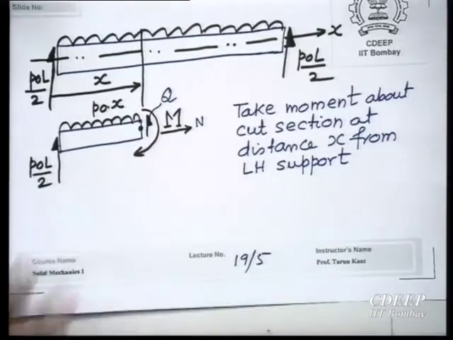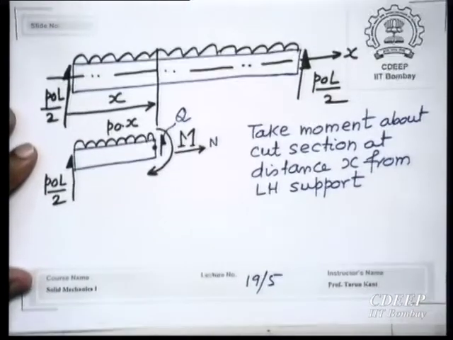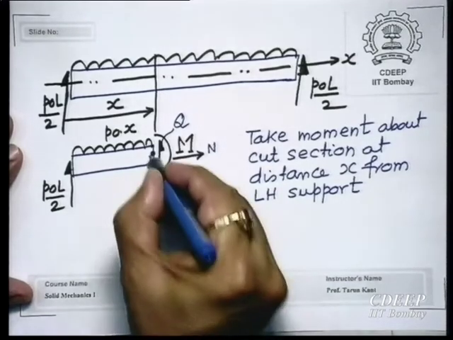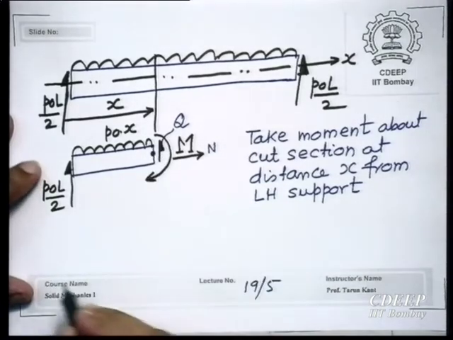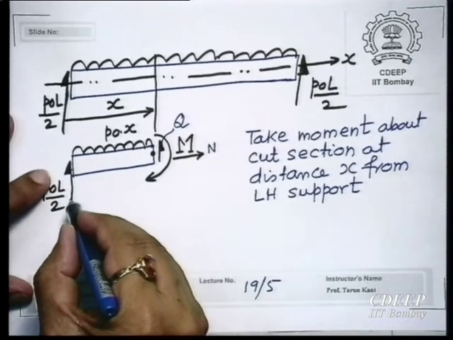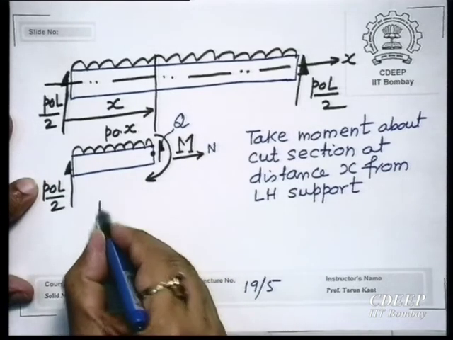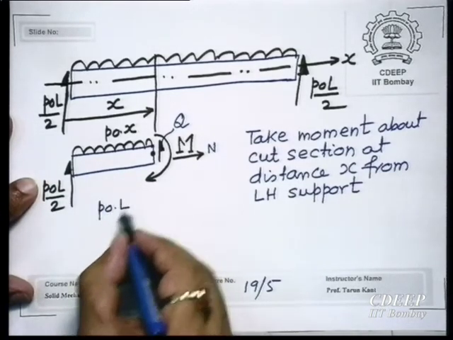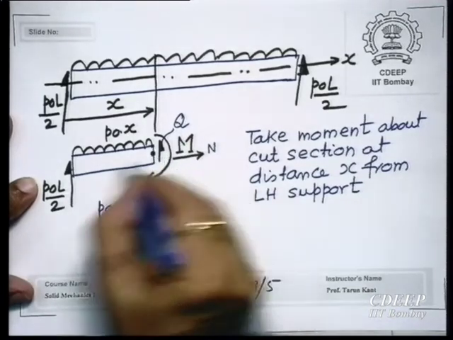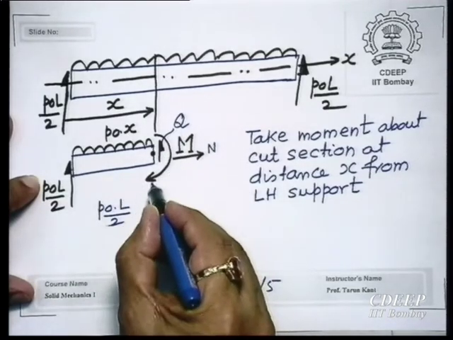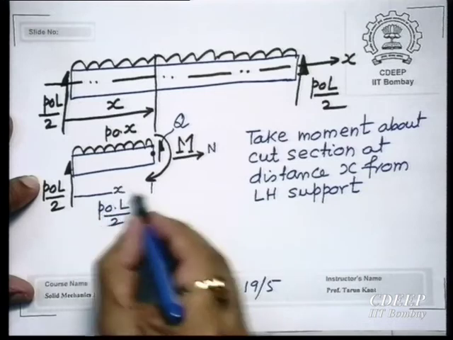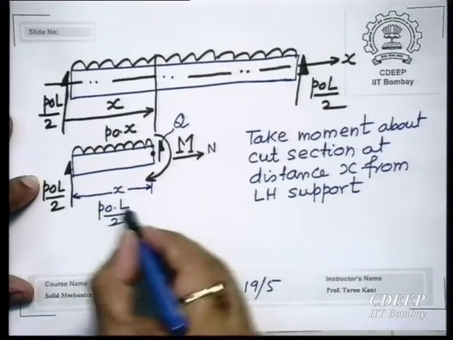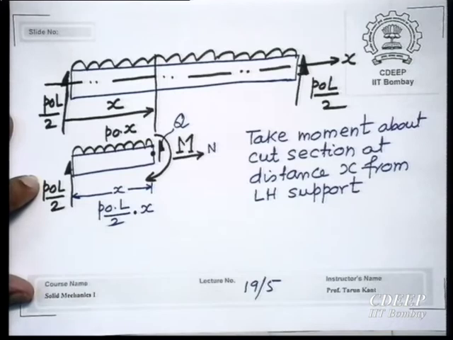So, if you do that, if you take moment about this point, one is P naught L by 2 acting over here, multiplied by the distance x.